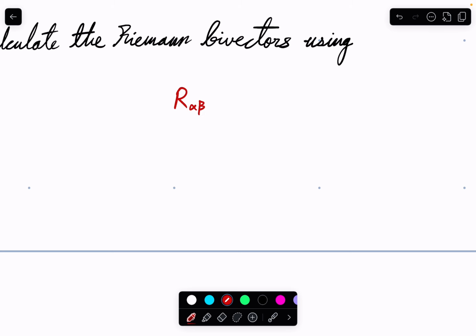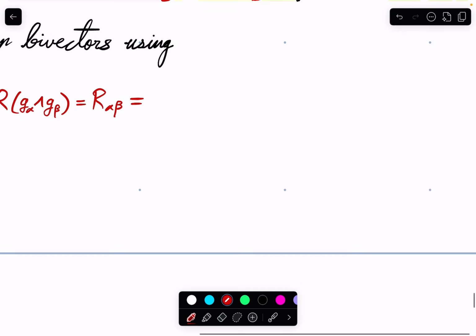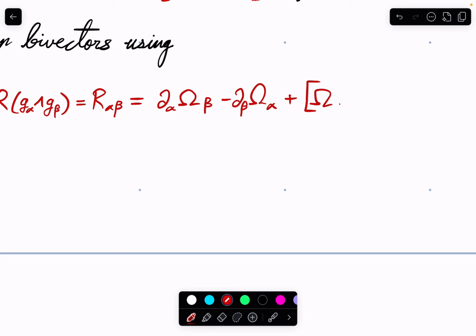Just so that we can recall, it's R_alpha beta, which is equal to partial alpha omega beta minus partial beta omega alpha plus the commutator of these two.